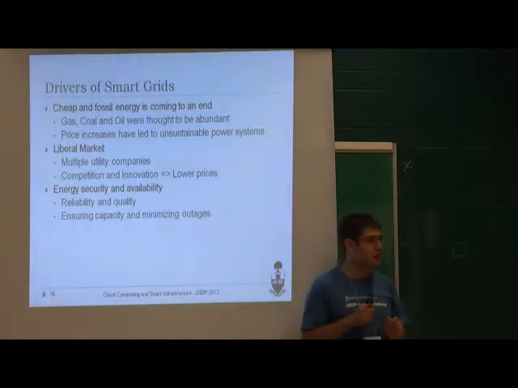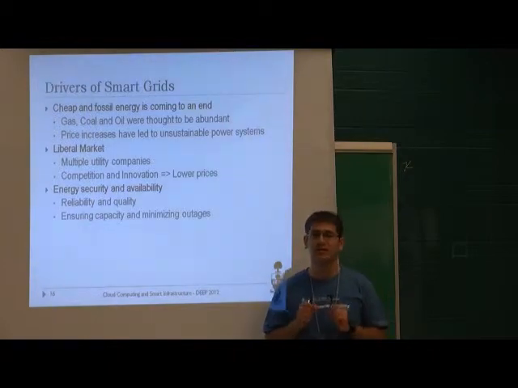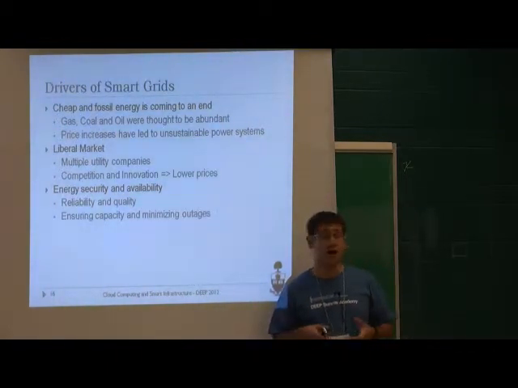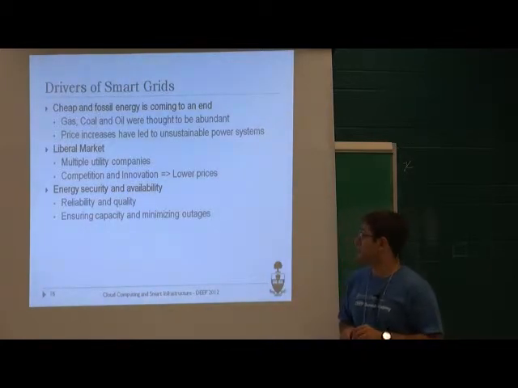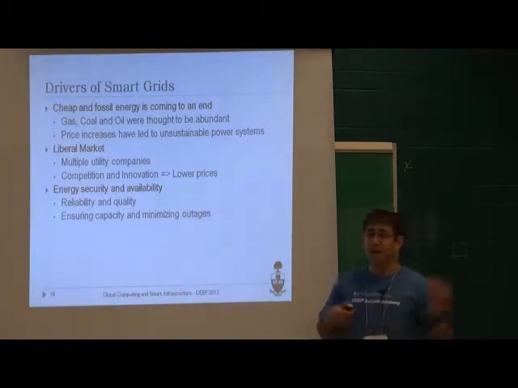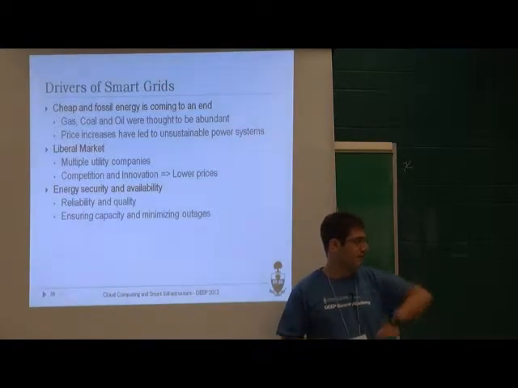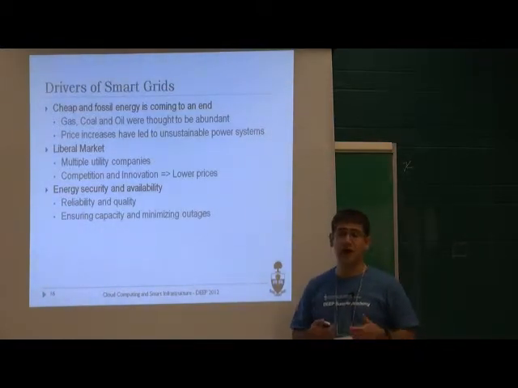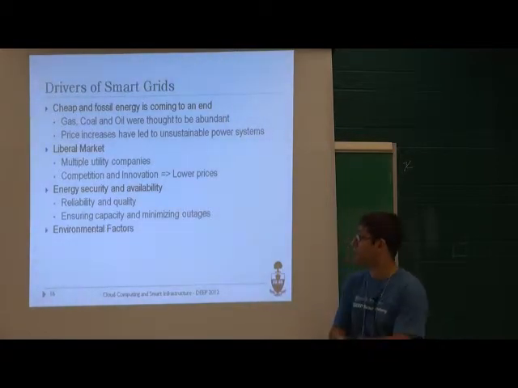Small power outages cause lots of money losses. It's just because of how much we rely on electricity. So we need to ensure the capacity is going to meet the demand, and at the same time we need to minimize outages because outages are going to cost a lot of money.